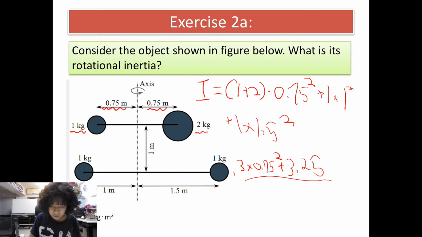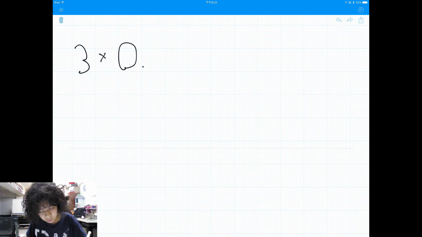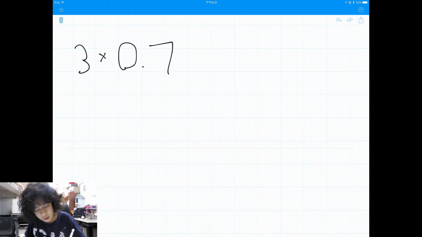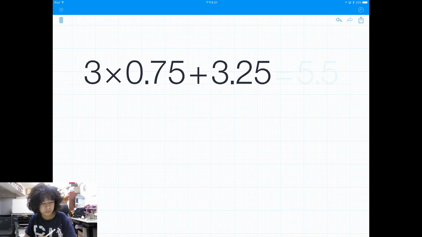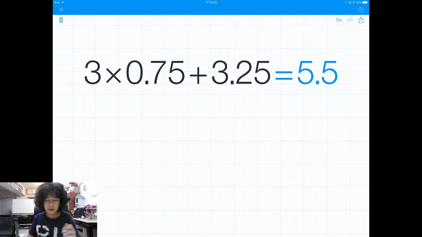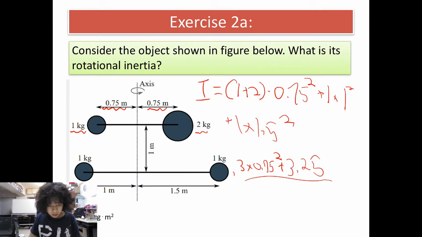So first, 3 times 0.75, plus 3.25, plus 4.25. Wait, but you can see something.